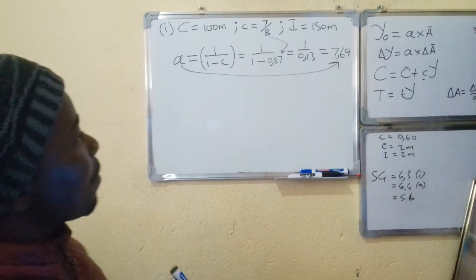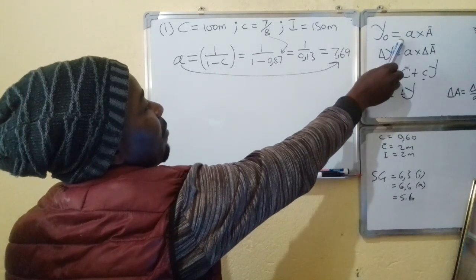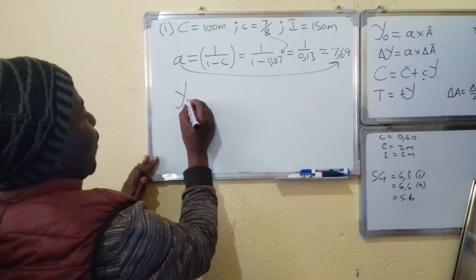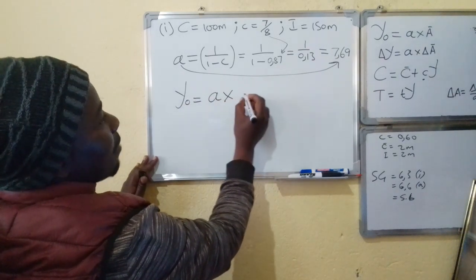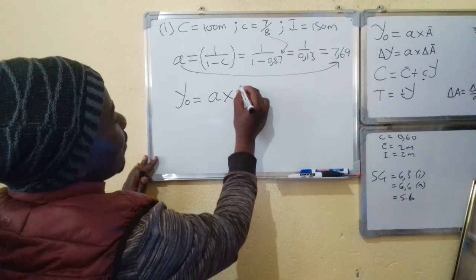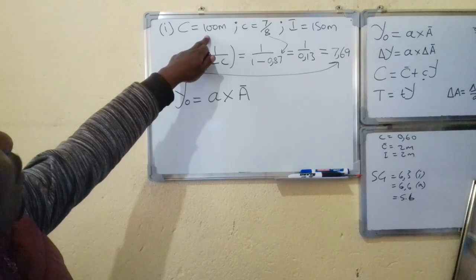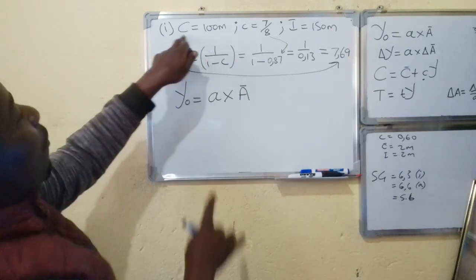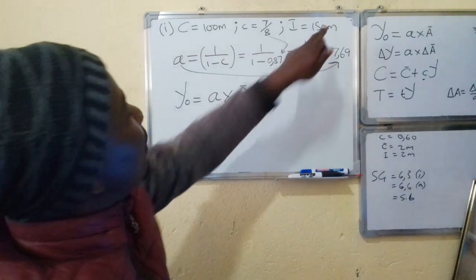So now, the formula for calculating the equilibrium level of income, there it is. Y0 equals multiplier times autonomous expenditure. The consumption portion of autonomous expenditure and the investment function.